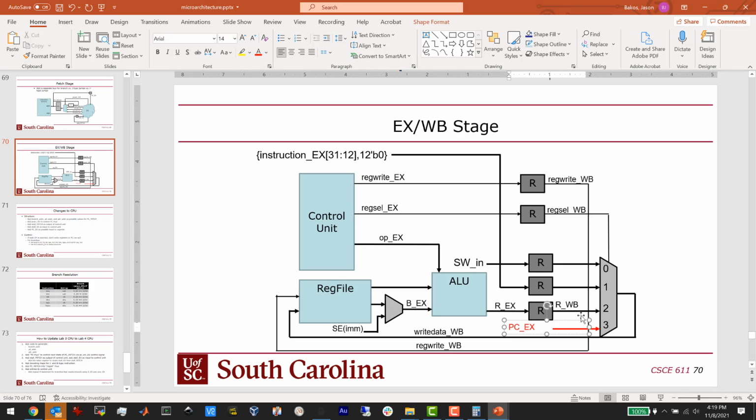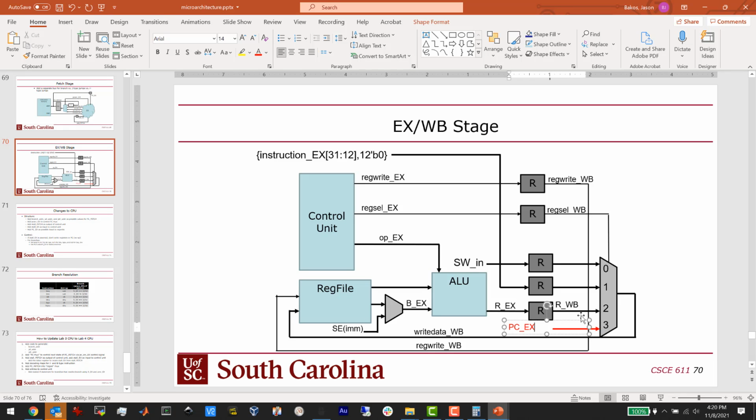But by the time you write back, the jump and link is now in the write back stage, and the instruction behind it will be in the execute stage, right? So you really want PCEX. Make sense? So you want to be careful there, because if you don't have this correct, everything will work fine until you go to return from your subroutine, right? And you will return to the wrong spot. You want to return to PCEX.